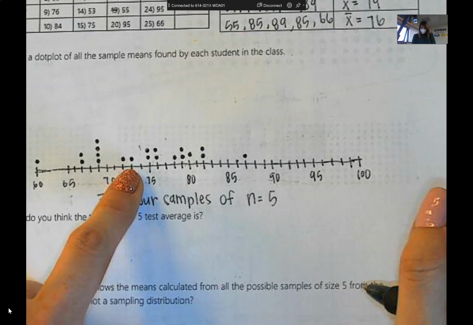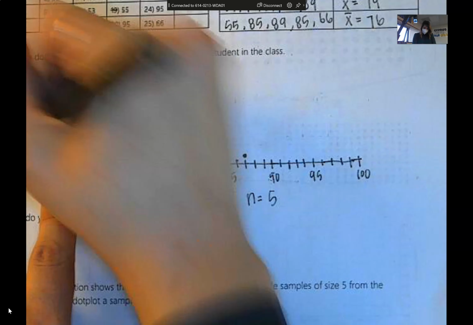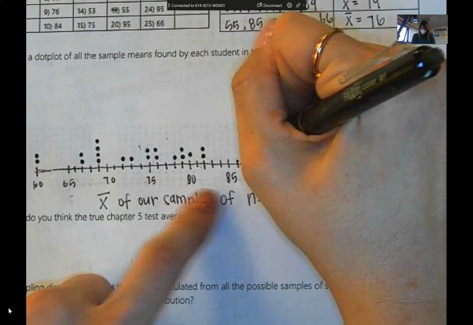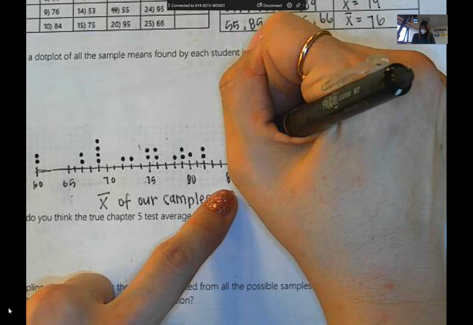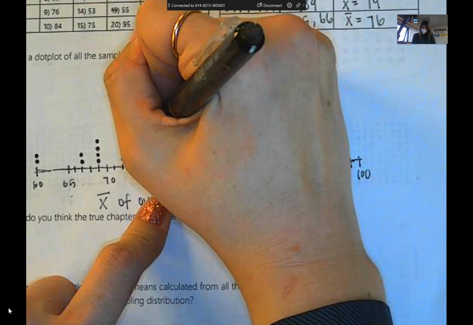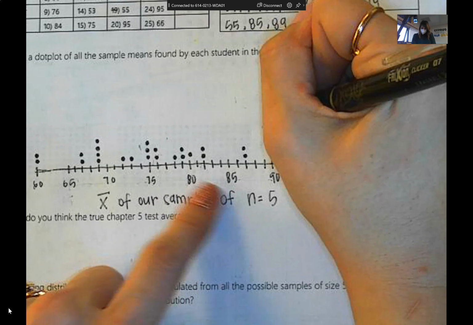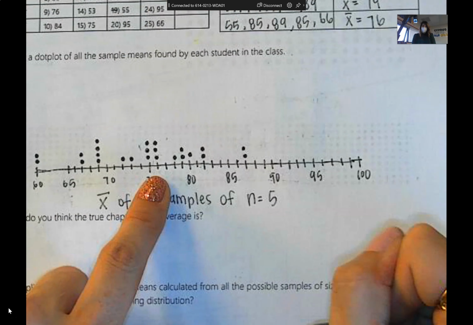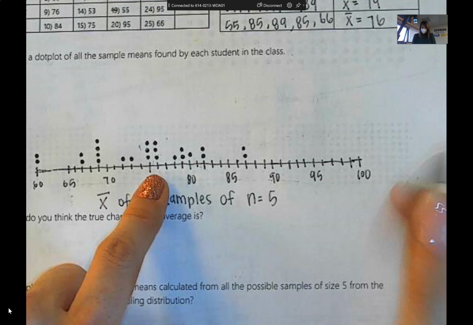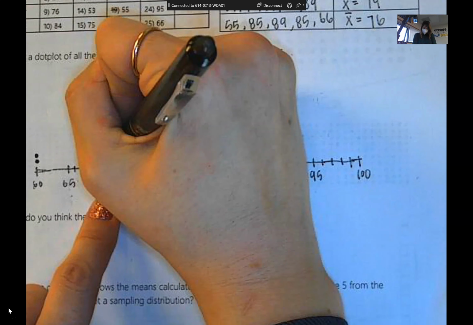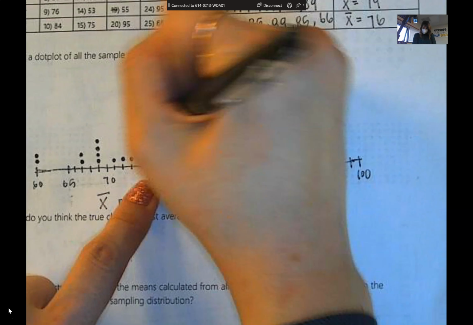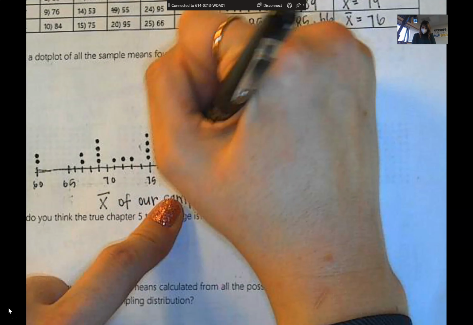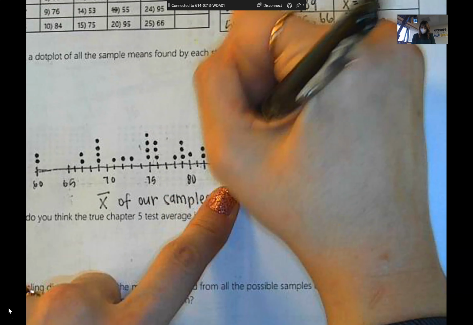Okay, Emily. 60, 87, 75, 72. Brinley? 71, 75, 79, and 85.